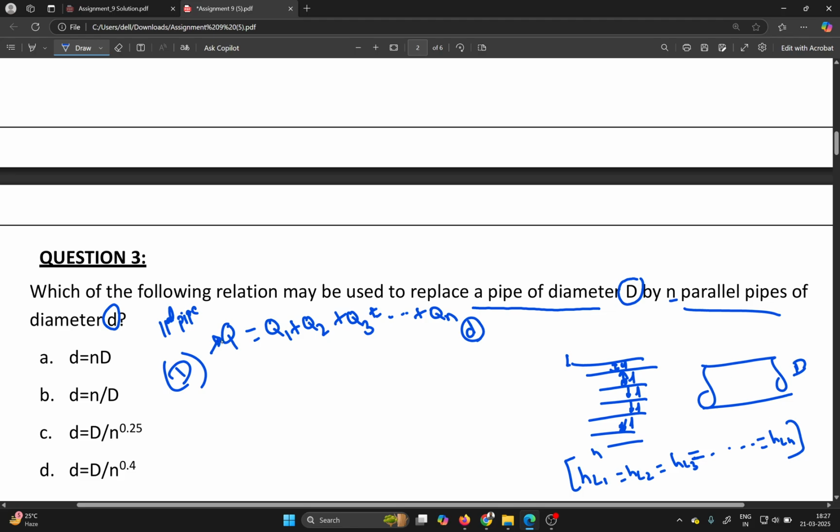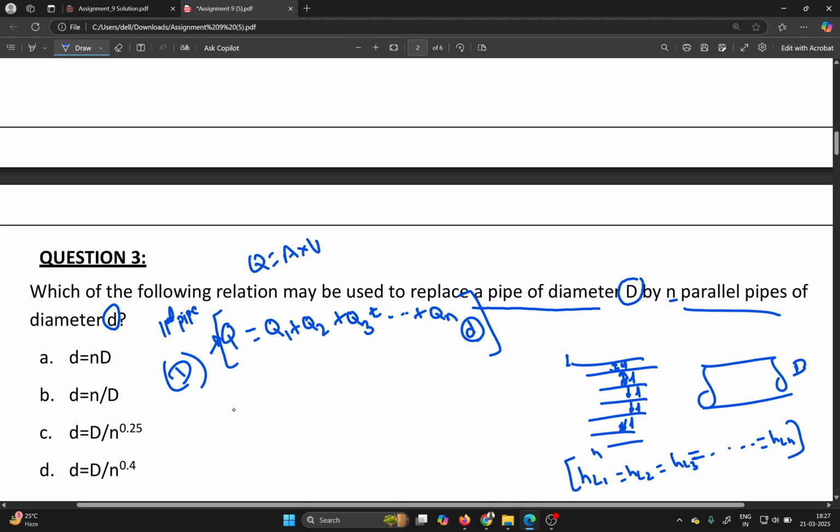So here we need to apply this. What is discharge? Discharge is nothing but area into velocity.